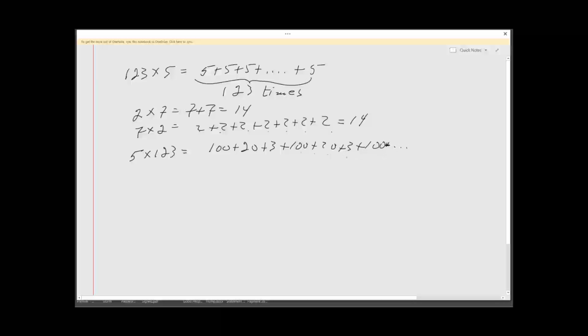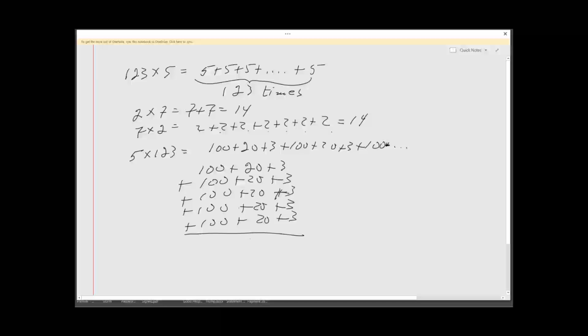Let's organize this on paper. So the way we're going to say it is 100 plus 20 plus 3 plus 100 plus 20 plus 3 plus 100 plus 20 plus 3 plus 100 plus 20 plus 3, one more time, plus 100 plus 20 plus 3.